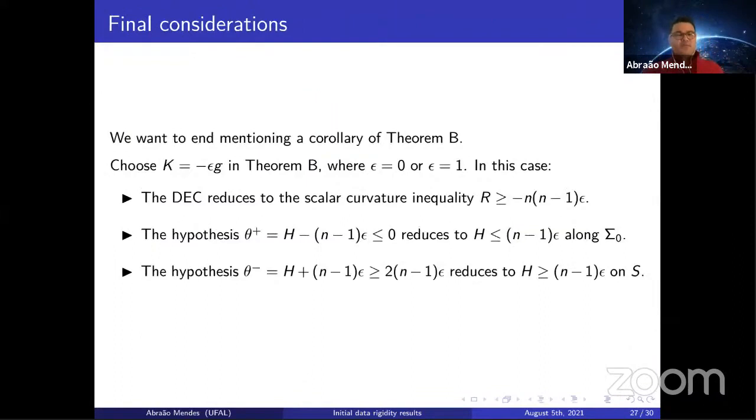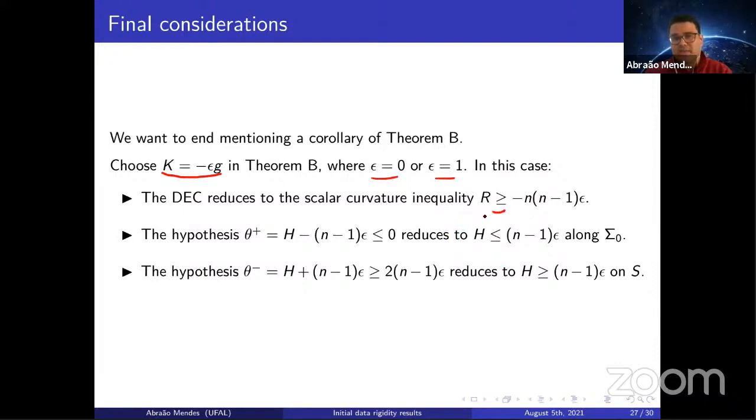All right, then finally, let me show a corollary of this theorem, theorem B, in Riemannian geometry. So consider now the tensor k equals minus epsilon times g, where epsilon equals 0 or 1. And observe that the dominant energy condition is equivalent to this inequality here.